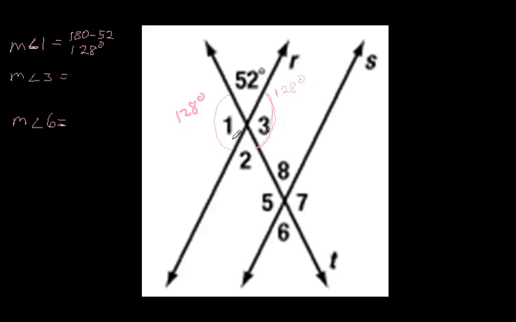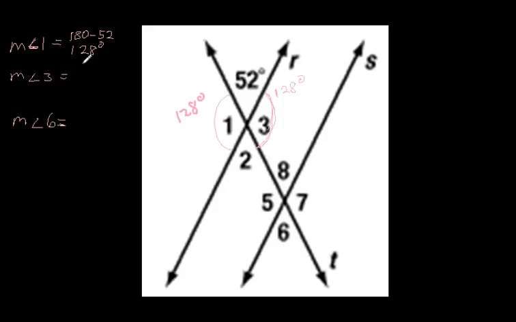If you didn't know the measure of angle 1, you could say the measure of angle 3 and the 52 degrees, these angles are supplementary. They're a pair of supplementary angles because they are cut by a transversal. So this creates a straight line, 180 degrees.